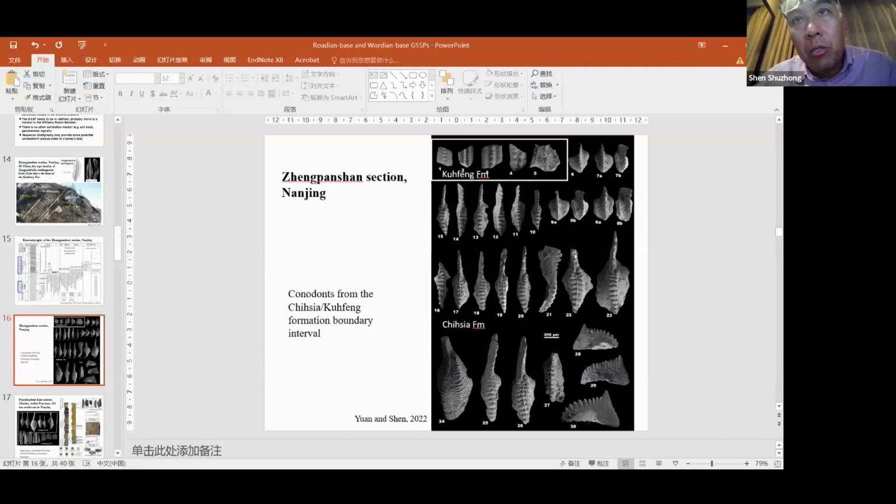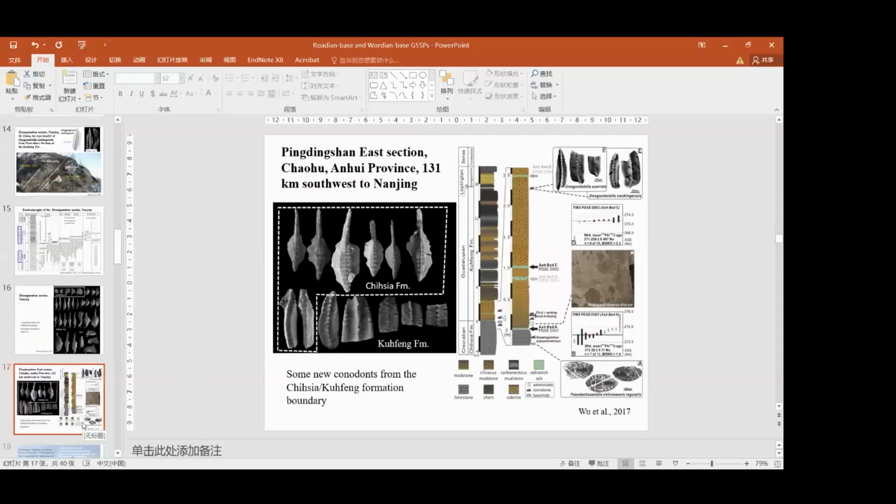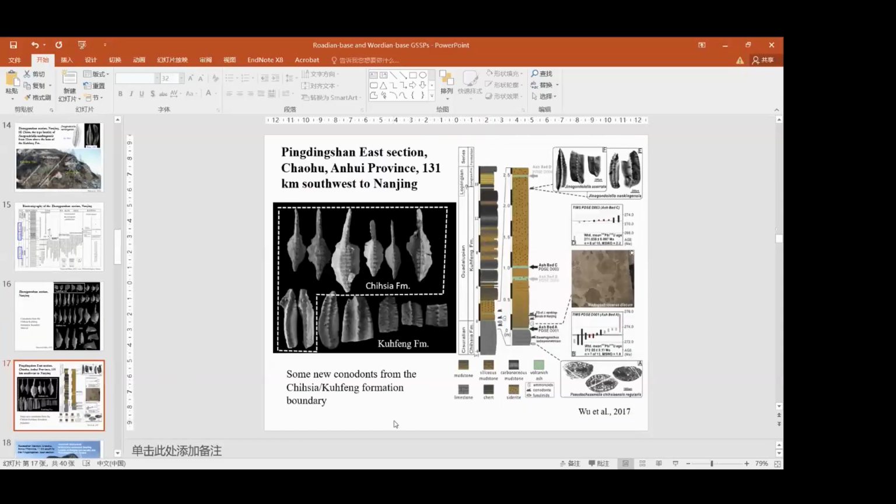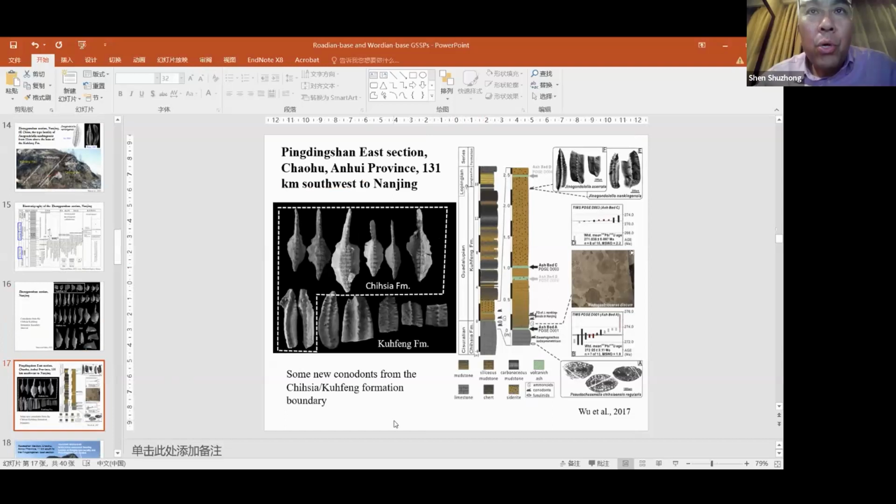And then the upper part of the Chisha Formation contains typical late Cisuralian conodonts like Sweetognathus subsymmetricus and Pseudosweetognathus costatus or something like that. And then there's another section which is exactly correlatable with the Zhengpanshan section near Nanjing.